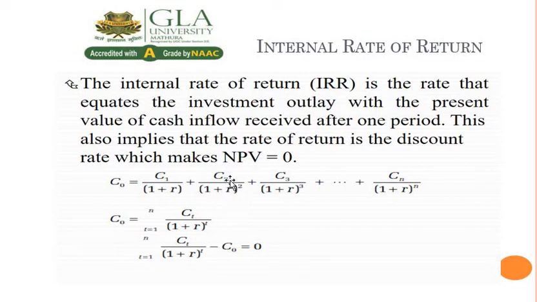We actually find that particular rate of return, the rate where C3 upon (1 plus R) to the power 3, and so on, minus C0 equals 0. So we calculate that particular rate in the situation where our NPV equals 0.